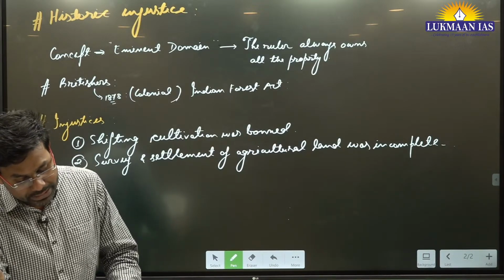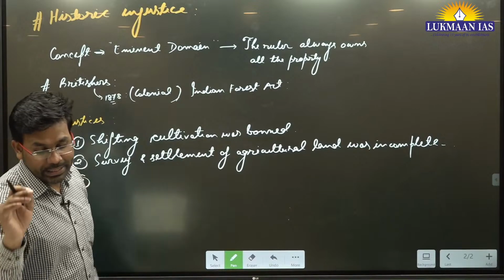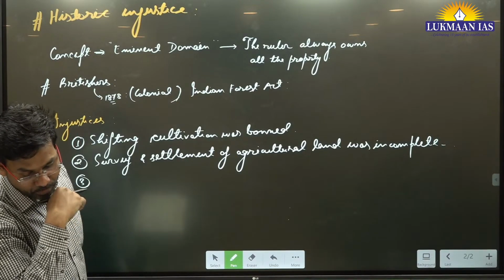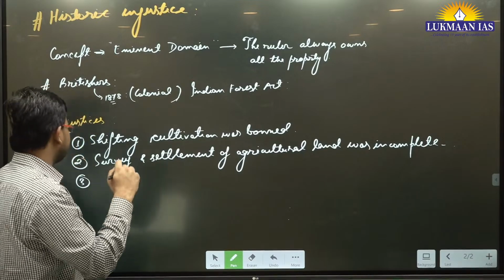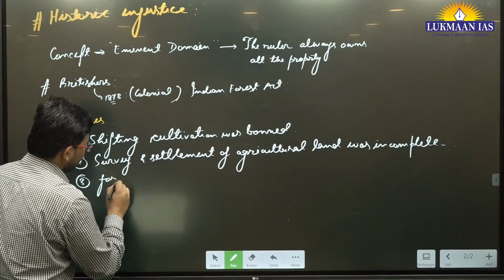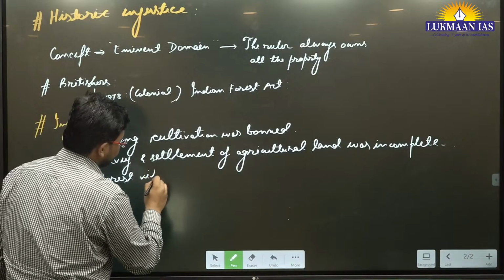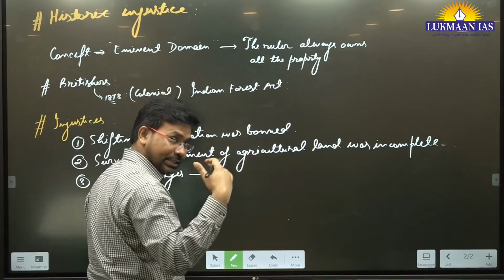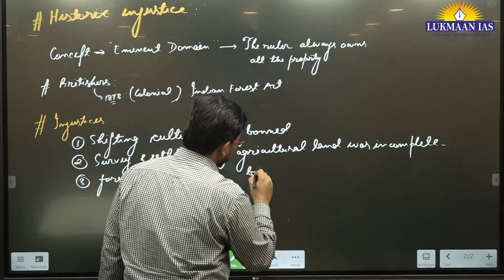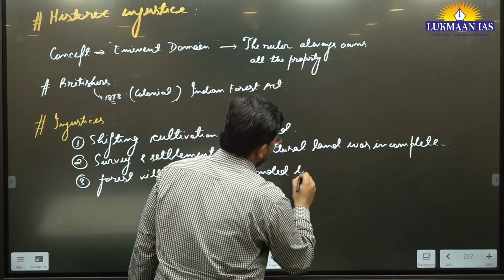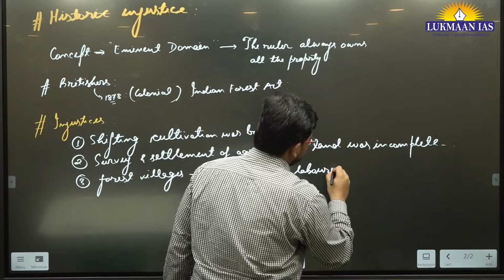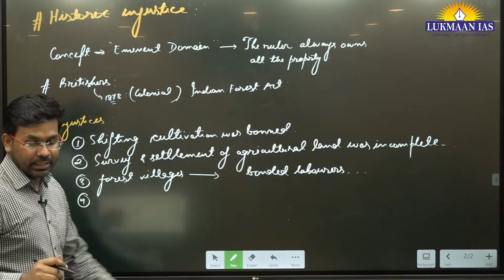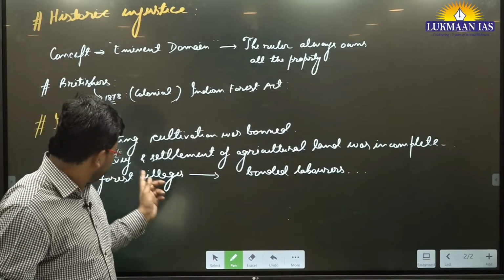So they leased out the forest lands and created forest villages, and in exchange for giving forest land, they created bonded laborers. People were made bonded laborers. That was the third injustice.